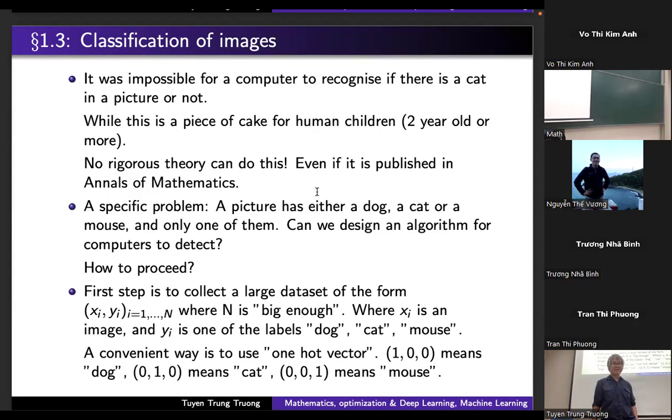The n is not the number of categories, but the number of images you have in this case. The categories you have are only 3: dog, cat, mouse. You have 3 categories you want to classify, and you have n images, and each of them will be in one of these categories.